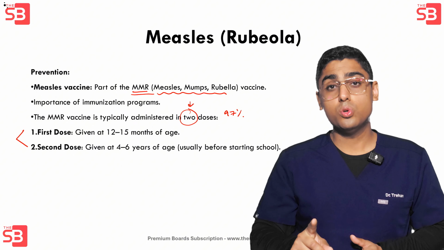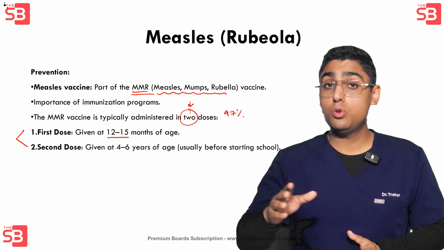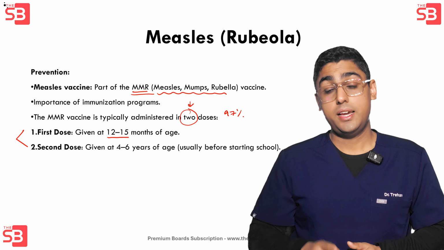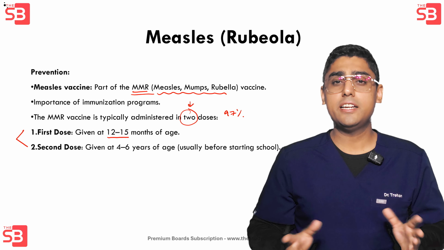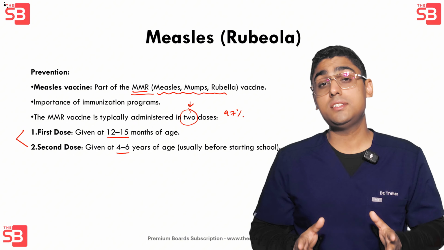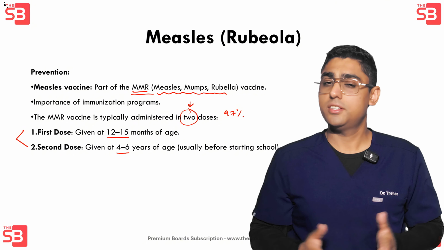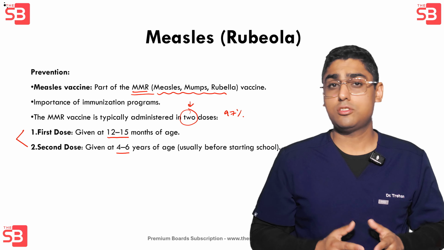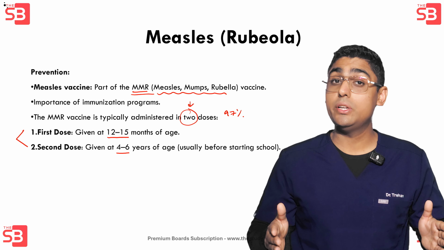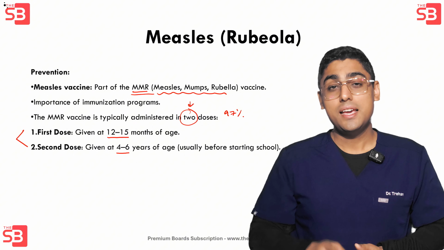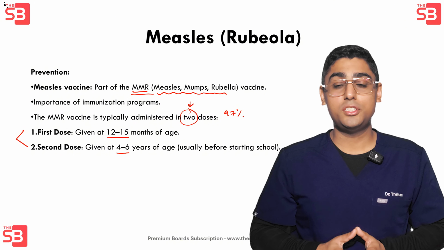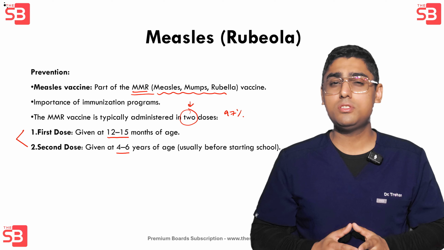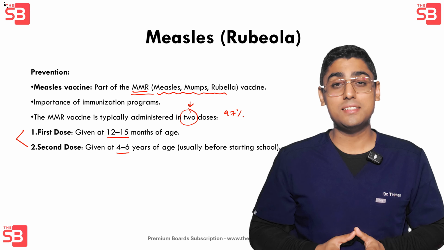The first dose is given between 12 to 15 months of age, and the second dose is normally administered between 4 and 6 years, often before starting the school. Now, in some cases, the second dose can be given earlier, as long as it is at least 28 days after the first dose. And this 2-dose schedule ensures high level of immunity, helping to significantly reduce the measles cases worldwide.